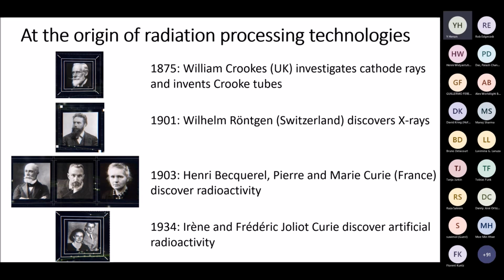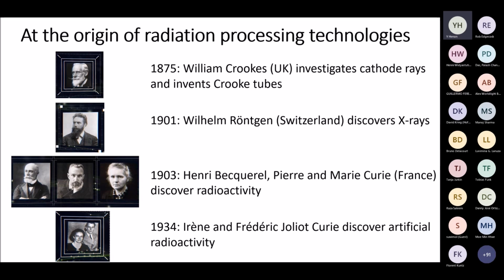Henri Becquerel, Pierre and Marie Curie in France discovered radioactivity. And then we're talking mostly of radium. And again, it's only after the Second World War that radionuclides will become available. And the cobalt-60 that we are using today actually is a product of the artificial radioactivity.